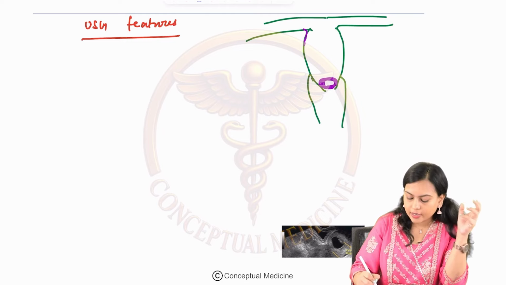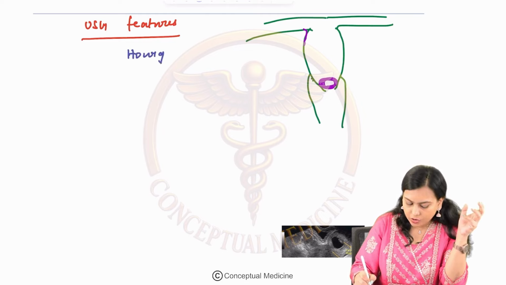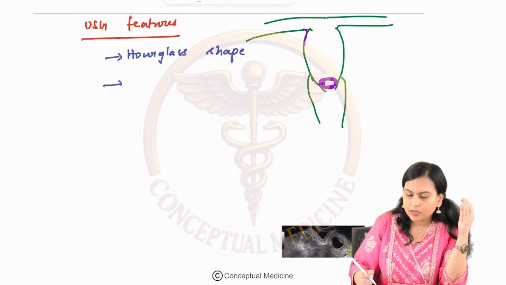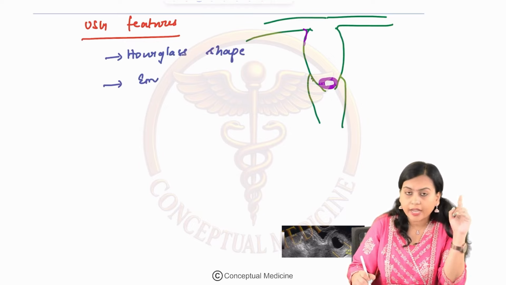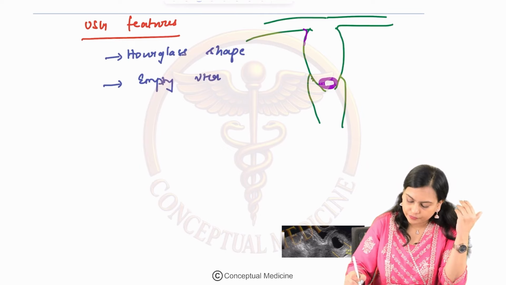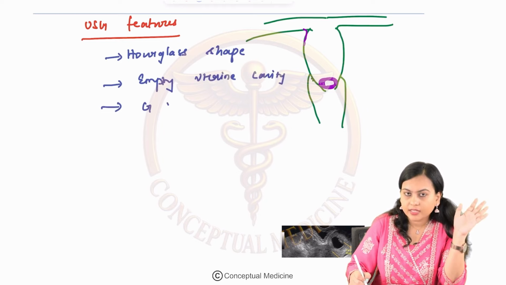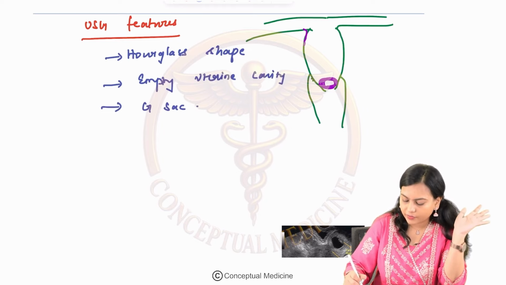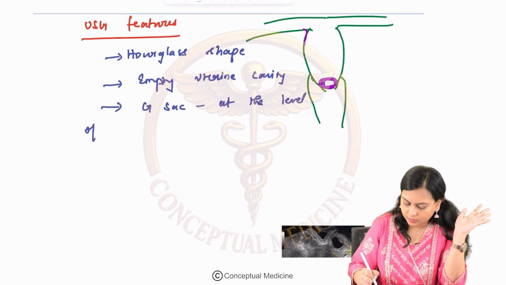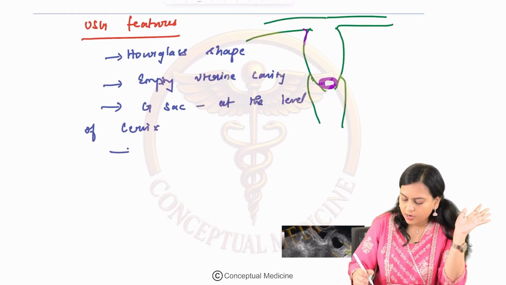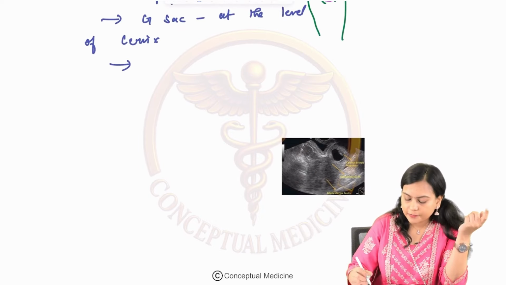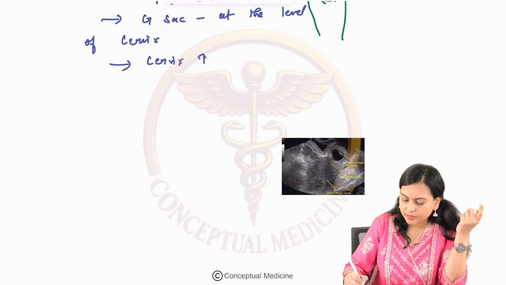Since both are dilating, you will be able to see an hourglass shape, and definitely there will be an empty uterine cavity. And where will be the G-sac? Yes, at the level of the cervix. And on colored Doppler, what will you be able to see? Yes, increased vascularity at the cervix.